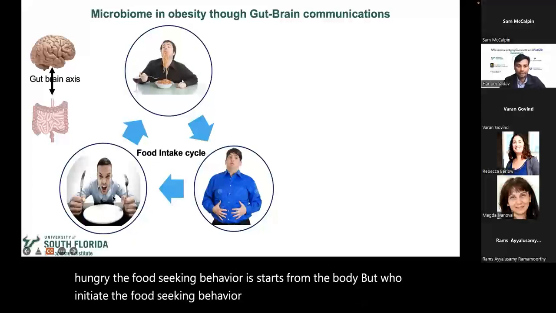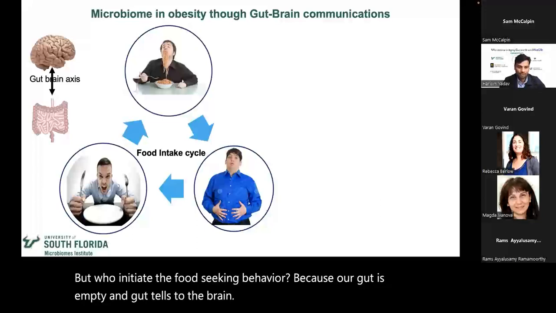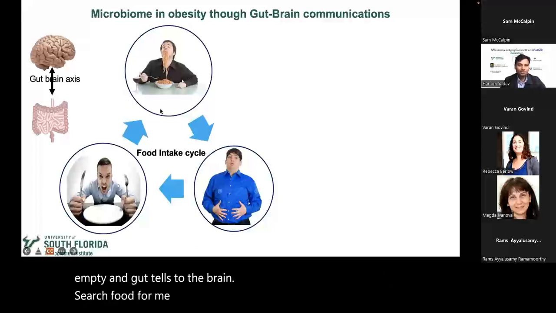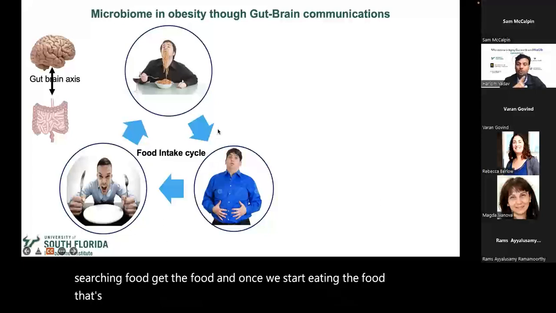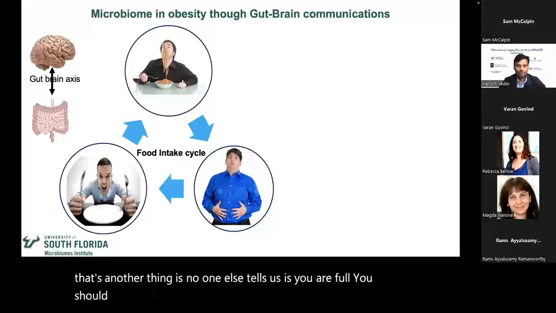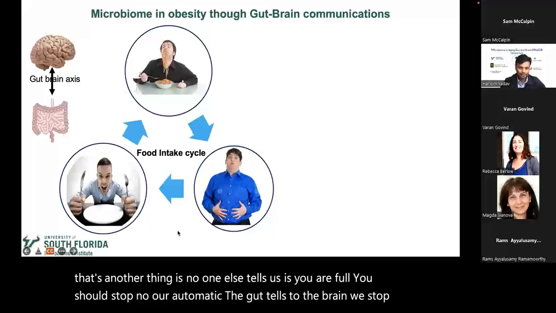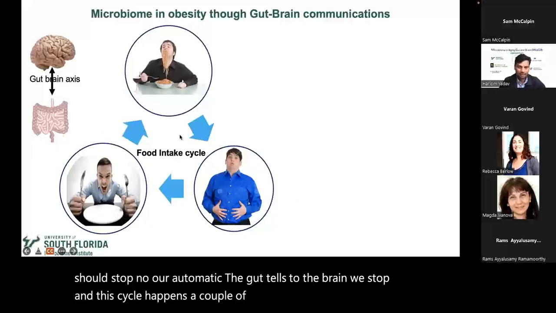Our gut is empty, and the gut tells the brain, search for food for me, right? Then we go and start searching for food, get the food, and once we start eating, no one else tells us, oh, you are full, you should stop. No, automatically the gut tells the brain, and we stop, right? And this cycle happens a couple of times in our day, right?